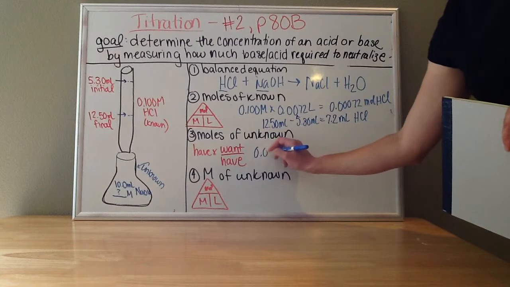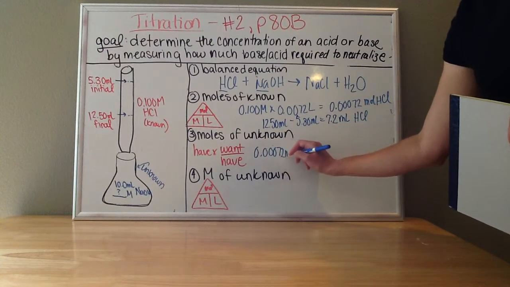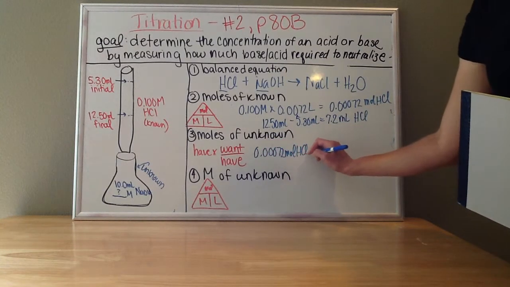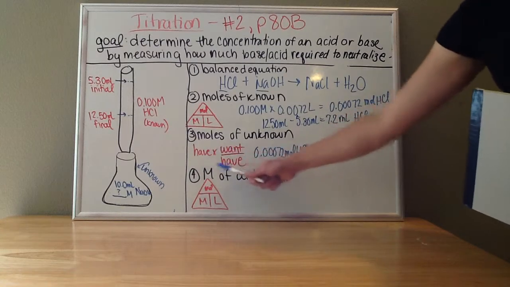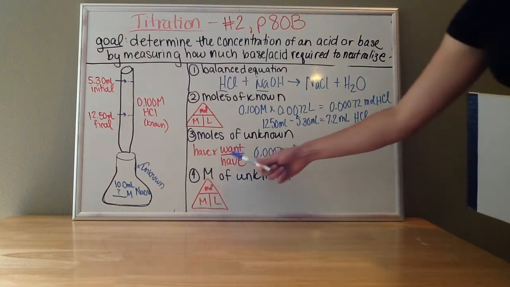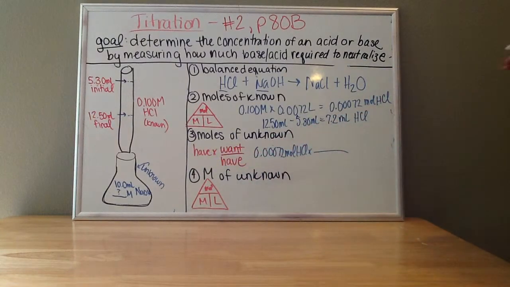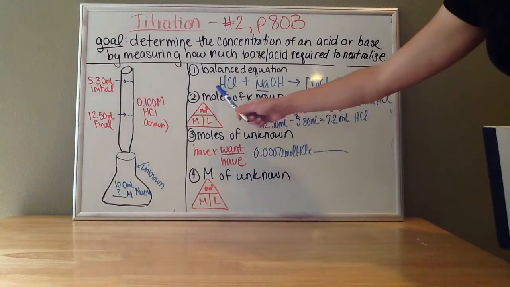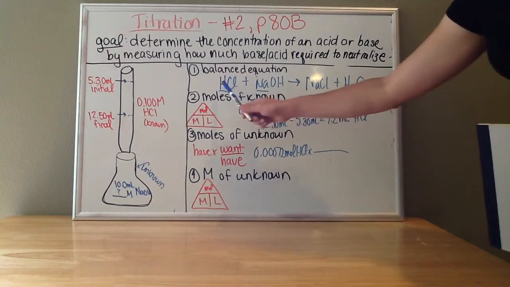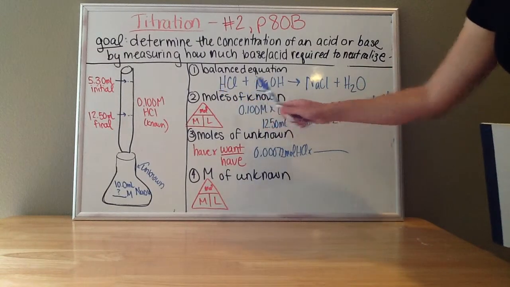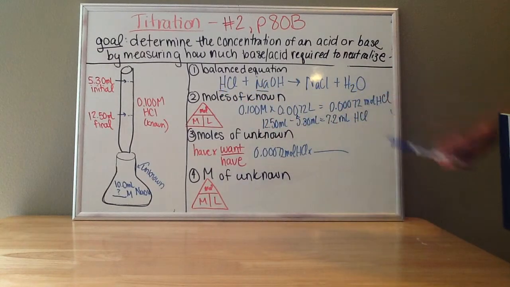So I've got 0.00072 moles of HCl. And if we think about this, this is a stoichiometry problem, so think about what we do in stoichiometry. We take our moles of known times the mole ratio from the balanced chemical equation. So this chemical equation tells me that since there's no coefficients here, it takes 1 HCl for every 1 NaOH to make 1 NaCl and 1 water.